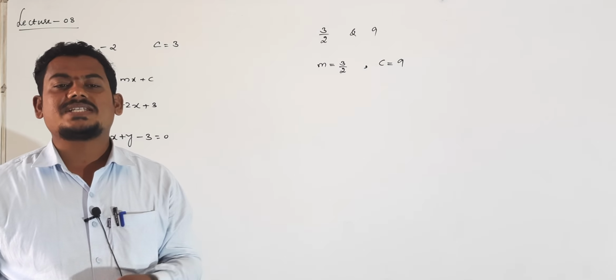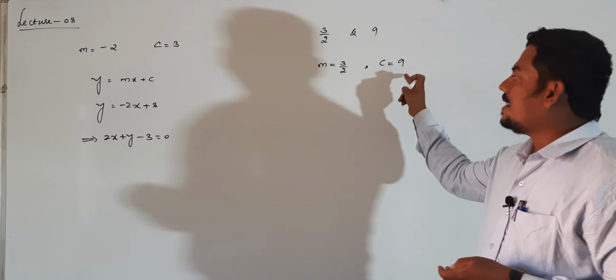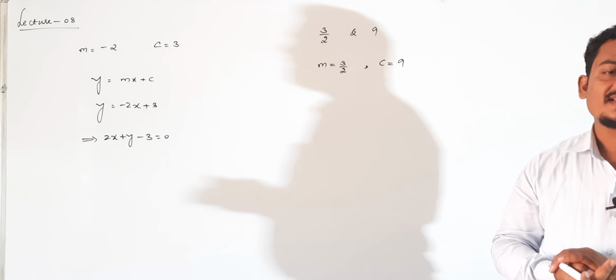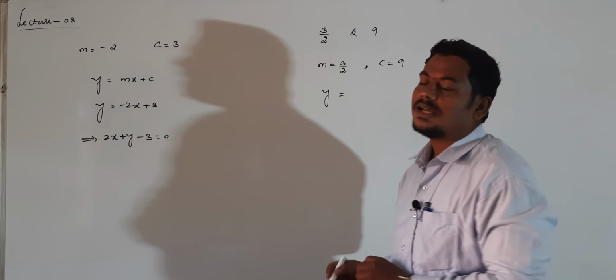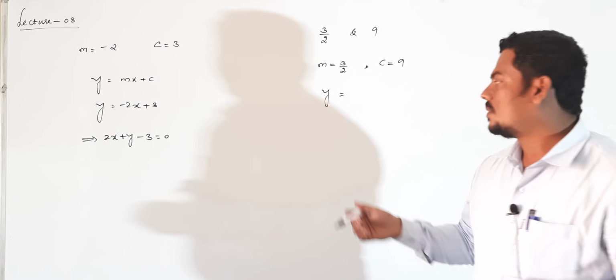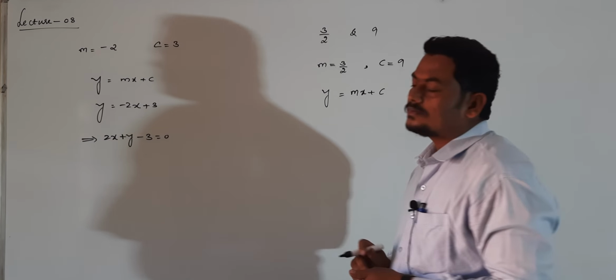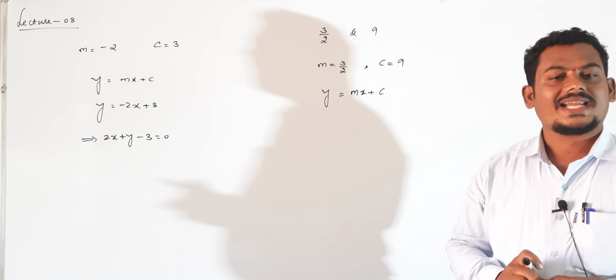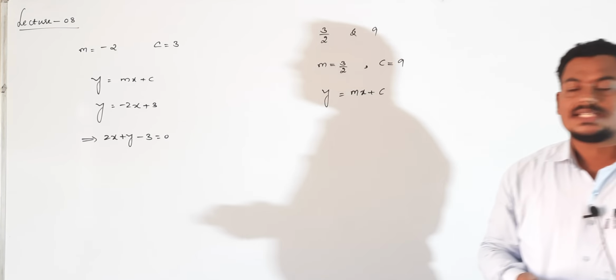When the y-intercept and slope are given, what is the formula? The equation of the straight line in slope-intercept form, right? y is equal to mx plus c. This is the standard equation of the straight line with slope m and y-intercept c, right?